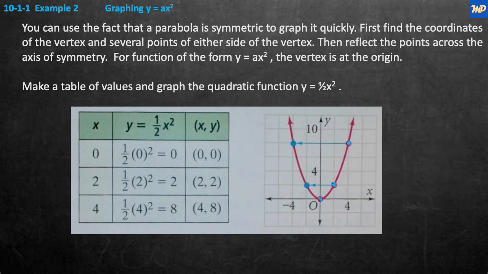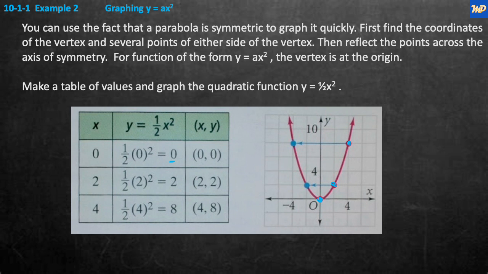So 0 squared, and take half of 0 squared. Half of 0 squared is 0. And what is the point for x equals 0? Well, when x equals 0, y has to equal 0 because everything is 0 at this point. So this is the vertex right here, and the point of the line of symmetry. The x, y position is 0, 0.